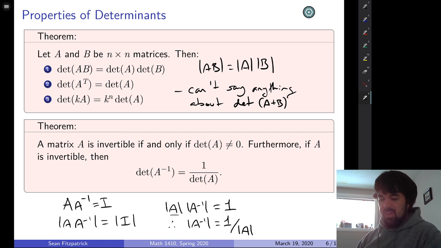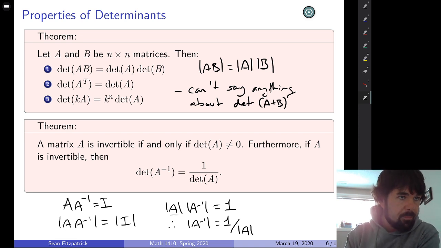Or another way to say it: proving that if the determinant is not zero, then the matrix has to be invertible turns out to be logically equivalent to saying that if the matrix is not invertible, then the determinant is zero. And that one's actually not that hard to show, because if your matrix is not invertible, reduced row echelon form is going to have a row of zeros. Expanding along a row of zeros is going to give you 0 for the determinant, and you can argue along those lines. All right.